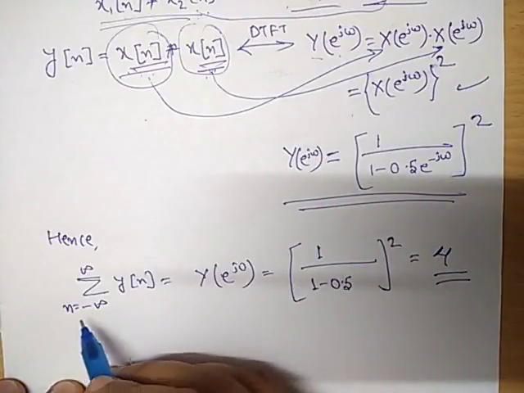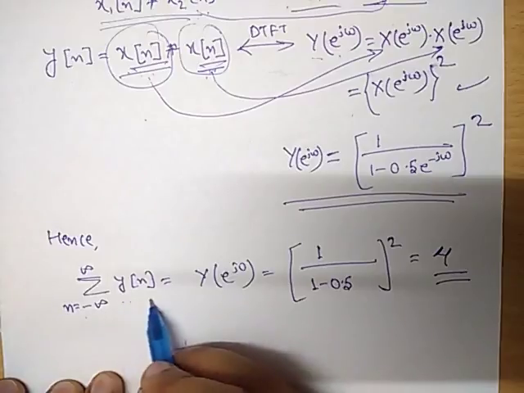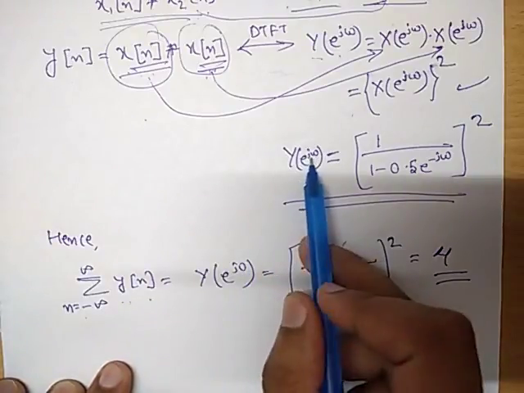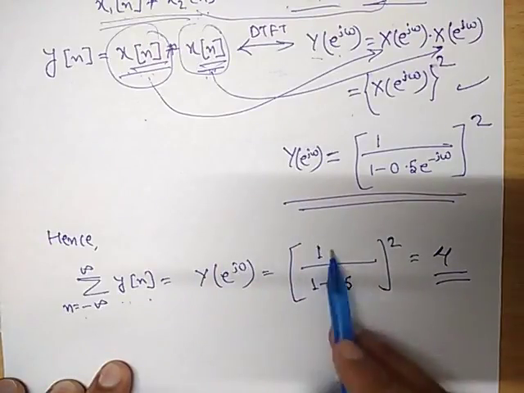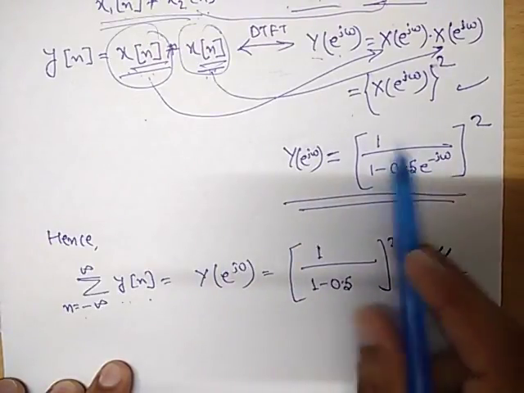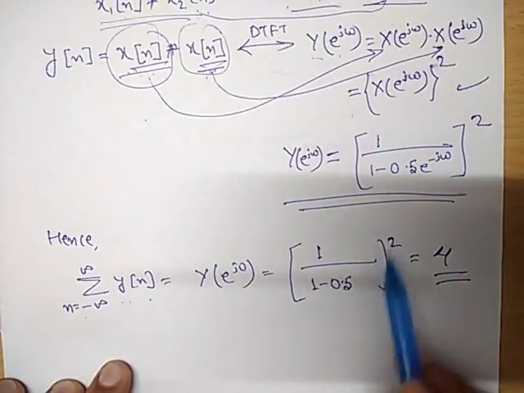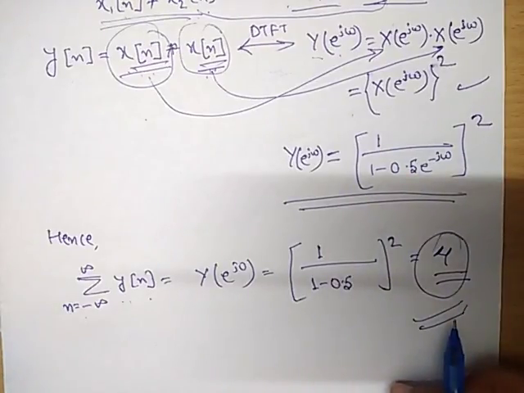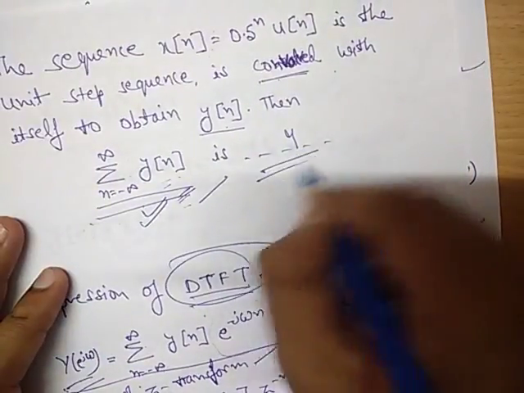So the summation from minus infinity to infinity of y[n] equals Y(e^{j0}), where we put 0 instead of ω. It becomes 1 upon (1 minus 0.5) squared, so the final value will be 4. So the answer of the given question will be 4.